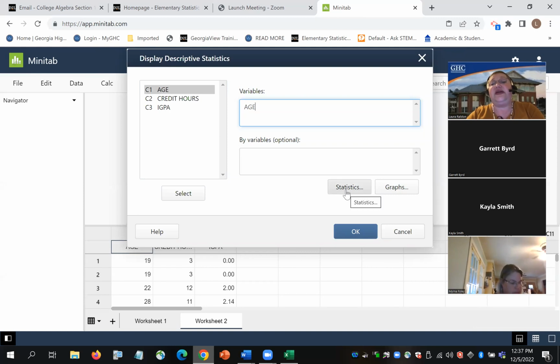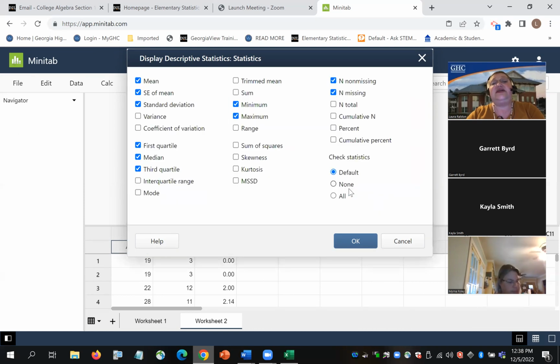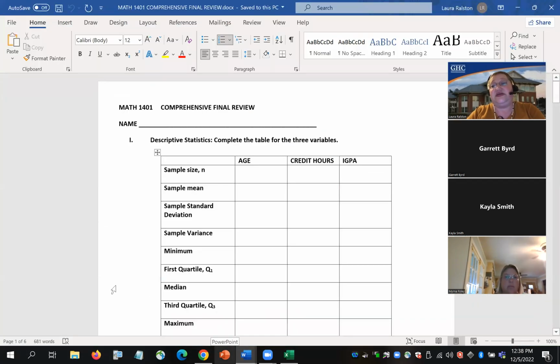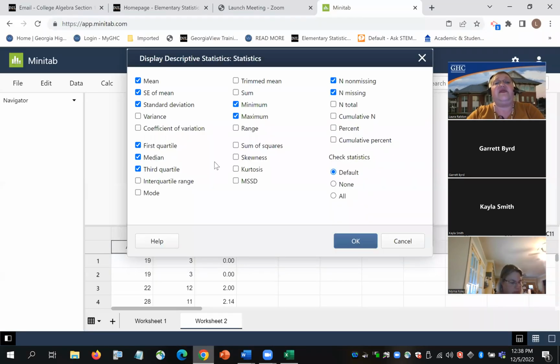And then I have to tell Minitab, I use the little button, the widget button down here that says statistics, to tell Minitab all of the statistics that I want to calculate. But I don't have to memorize the list because the list is on my document. So you can read through here. You want sample size, sample mean, sample standard deviation. You can read down through the list to see all the things that you want to calculate. I've done it so long, I know what they are.